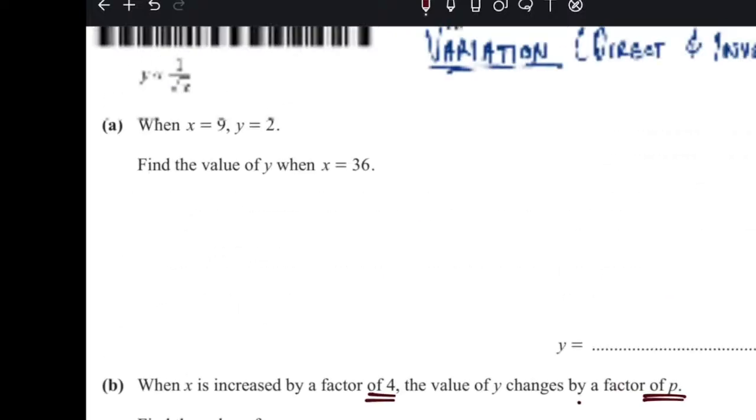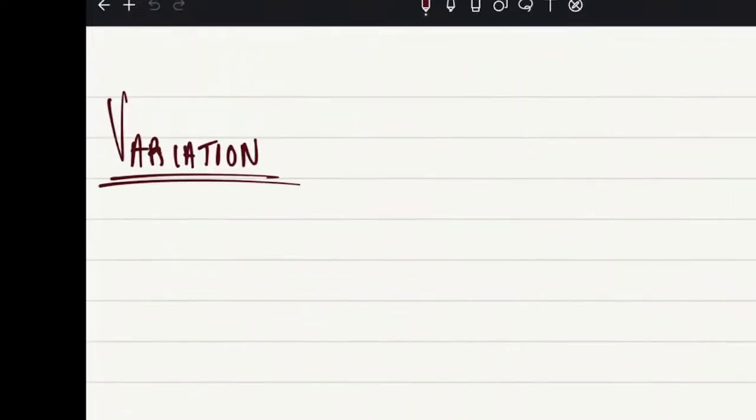Let's say for variation, you have two quantities, maybe x and y. They are going to say something about how these two are related. X varies as y. They can say that.